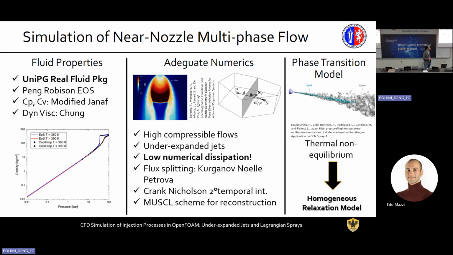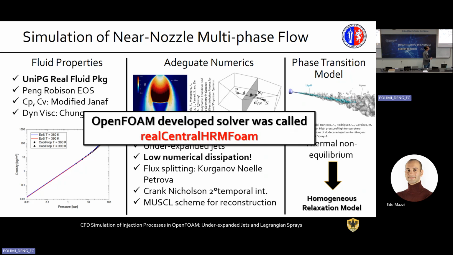We can easily modify one routine, and we can implement different approaches for the phase transition. But honestly speaking, I don't think this is what makes the difference. What makes the difference are these parts and these other parts, because we believe that you have to get the correct numbers for the fluid properties, but at the same time you have to limit numerical diffusion. Otherwise, you won't have this agreement basically.